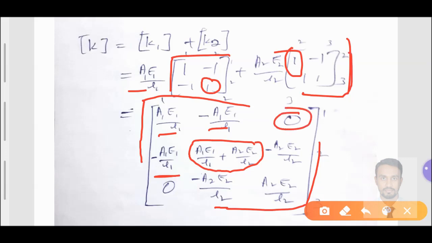Similarly, the lower part of the next matrix, which is minus 1 1, so minus a2 e2 divided by l2, minus a2 e2 divided by l2, plus a2 e2 divided by l2, this one is 0.